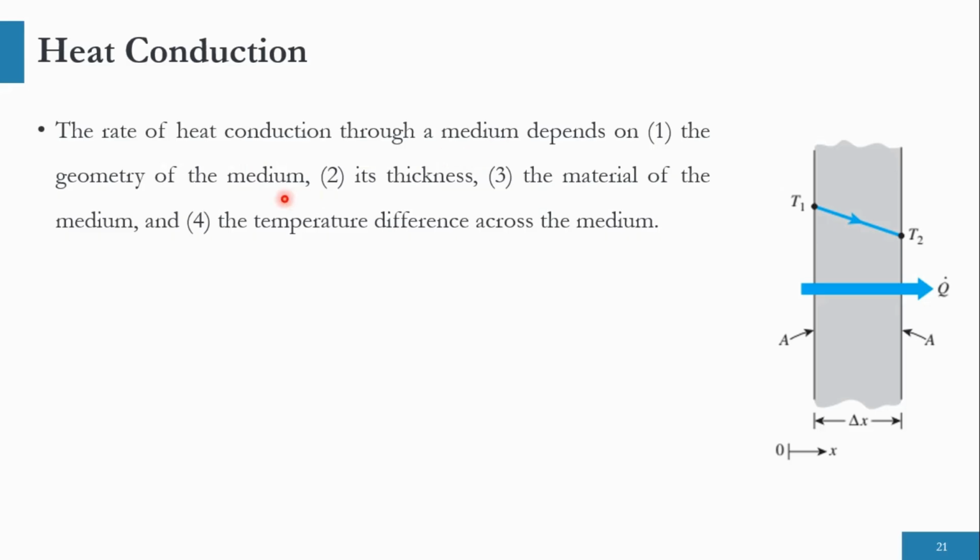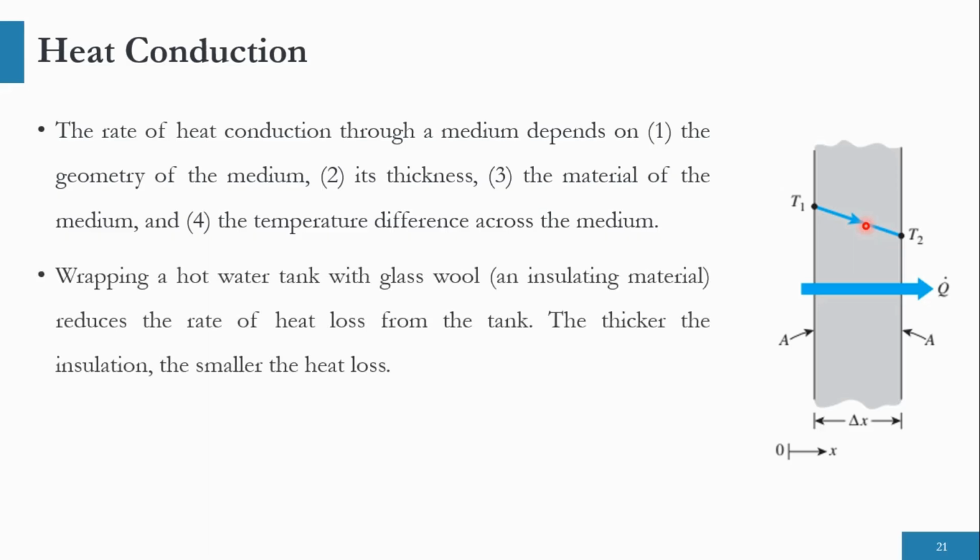Number one is the geometry of the medium, the thickness, the material of construction. Obviously, the material of construction will also play a role, and the temperature difference across the medium. It means that if there is more temperature difference, the more will be the heat transfer. If area is high, the more will be the heat transfer. But if the thickness is high or the value of thickness is large, the heat transfer will be lessened.